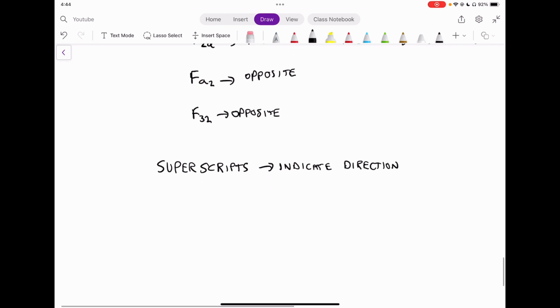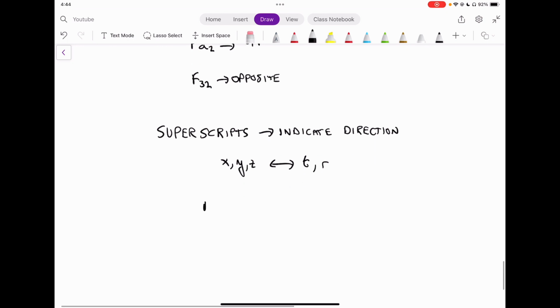They're going to indicate direction in the X, Y, Z direction, or alternatively in the tangent and radial direction. So we're going to be using tangential direction as well as radial direction. So for example, I could write a term for force from gear 4 onto 3 in only the tangential direction. So I'm writing the force in the tangential direction of gear 4 to 3.